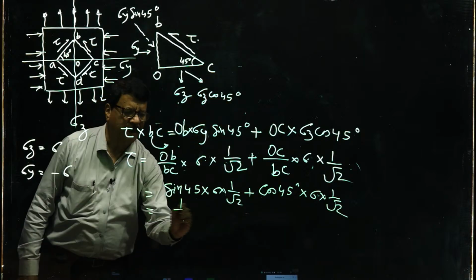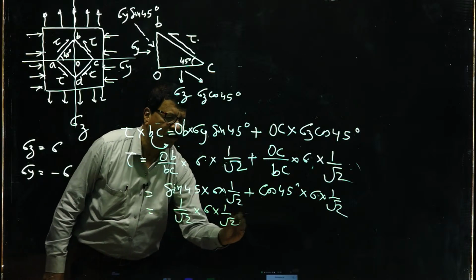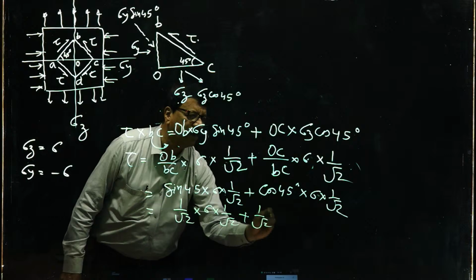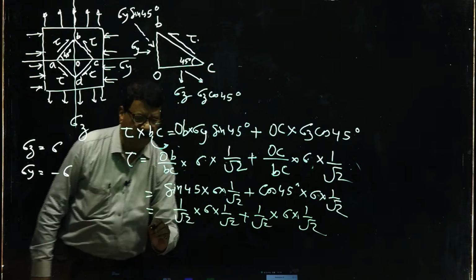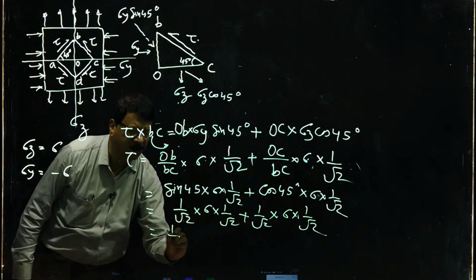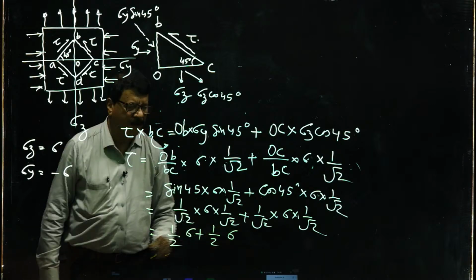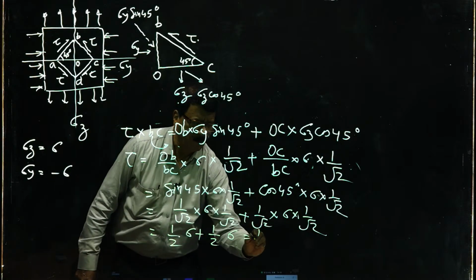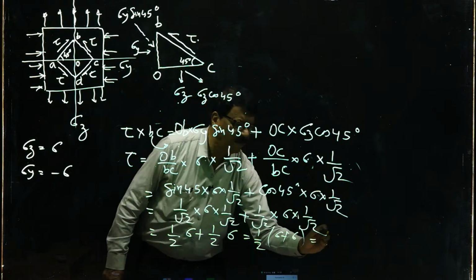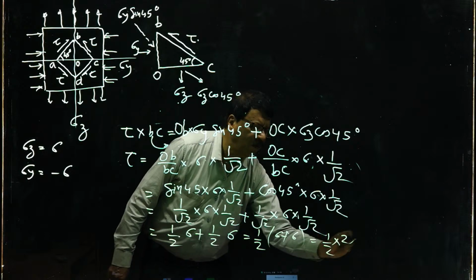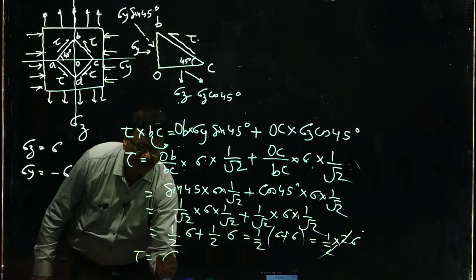Again this is 1 upon root 2 sigma into 1 upon root 2. If you multiply 1 upon root 2 by 1 upon root 2, it is 1 upon 2 sigma plus 1 upon 2 sigma, which is equal to 1 upon 2 into 2 sigma. The 2 cancels, so tau is equal to sigma.